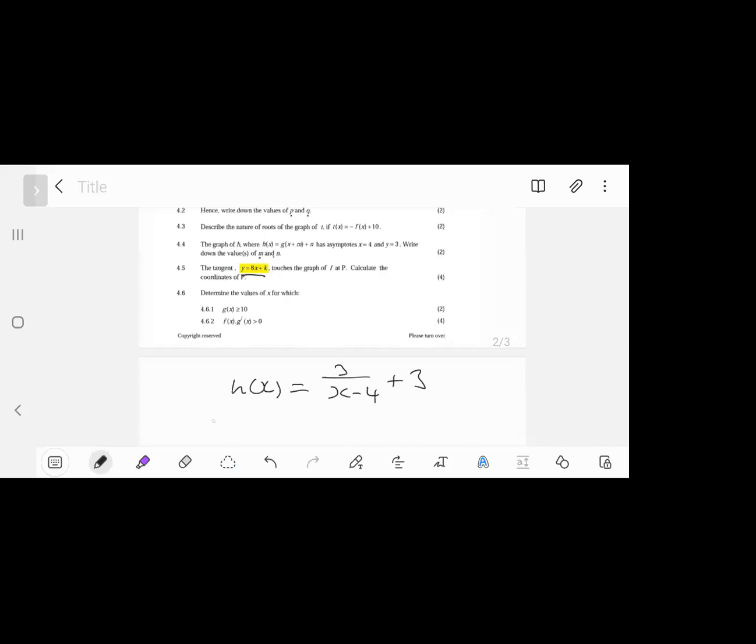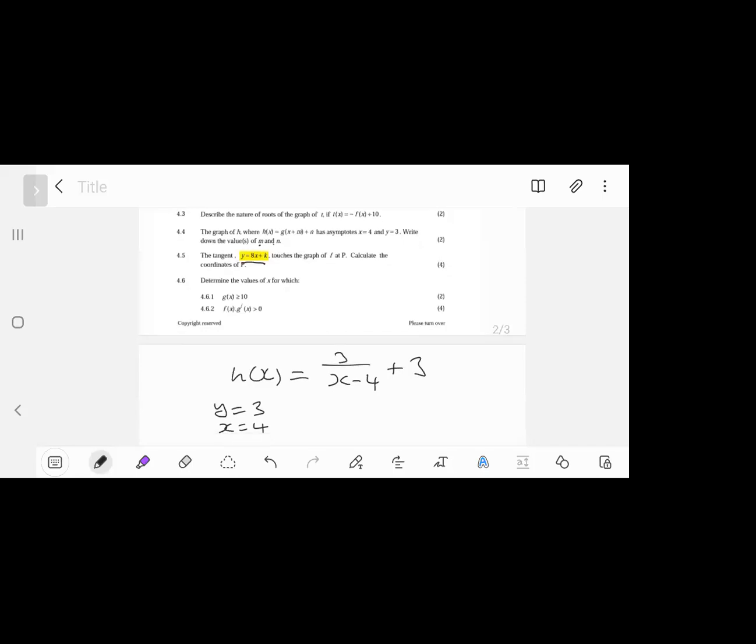So y equals 3 and x equals 4. Because when we look at x minus 4 and solve it, x minus 4 equals 0, therefore x equals 4. That's how I know it.